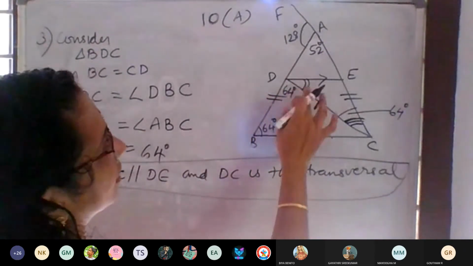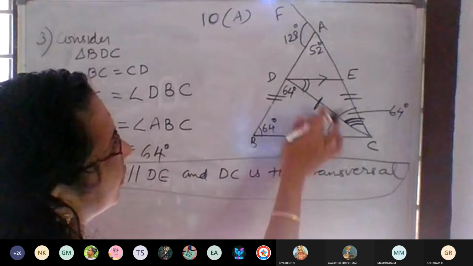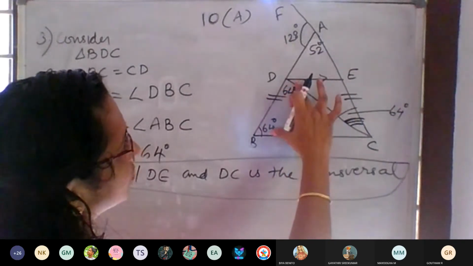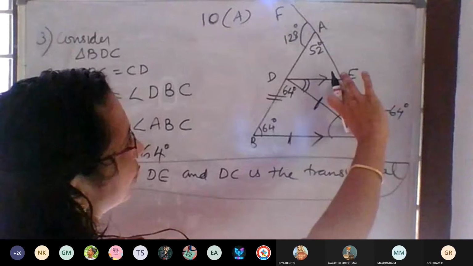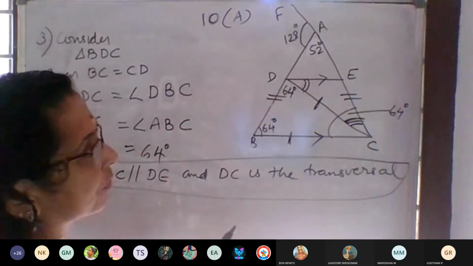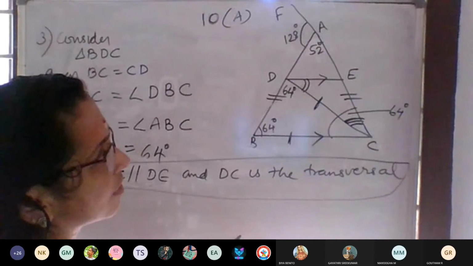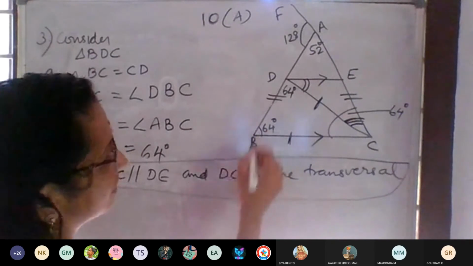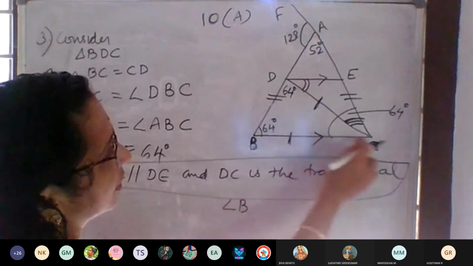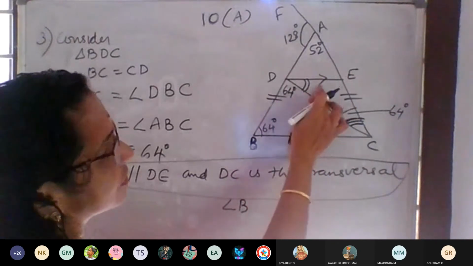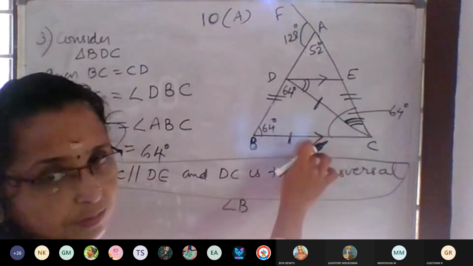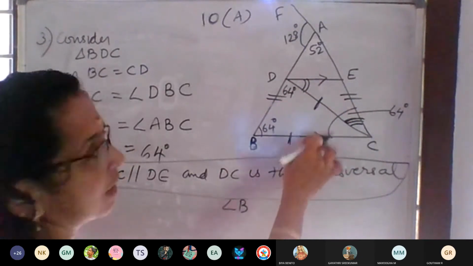Since these two are parallel lines, these two angles sum will be what? Any idea? If we consider this quadrilateral, we can say it is a trapezium, with one pair of parallel sides.